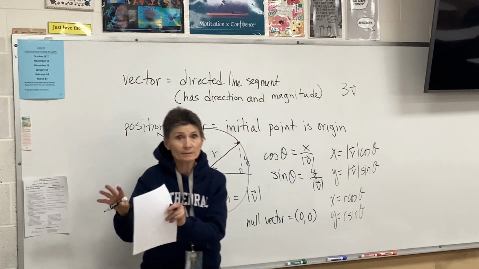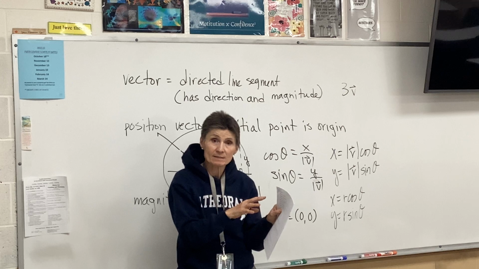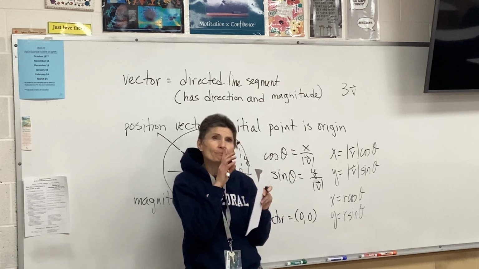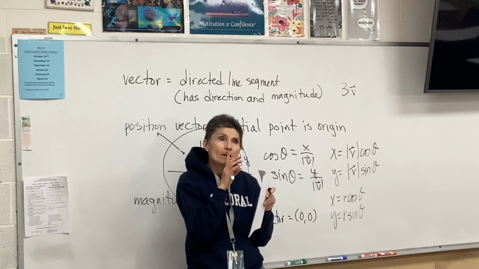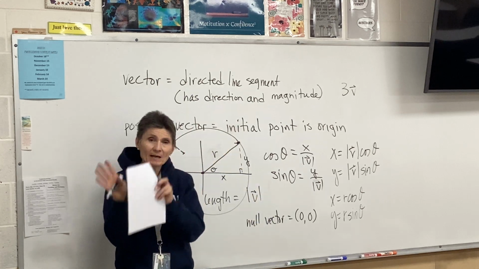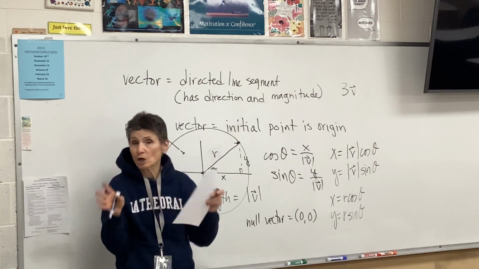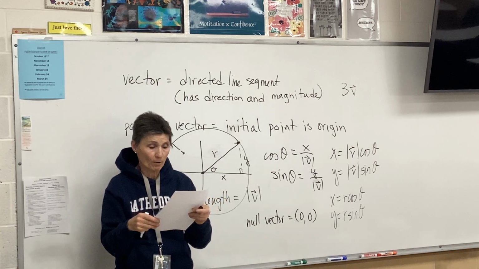So we have real number quantities, and we have vector quantities. We'll talk about some more of that later. But a vector has direction and magnitude. A scalar is just a number. It's just a real number.